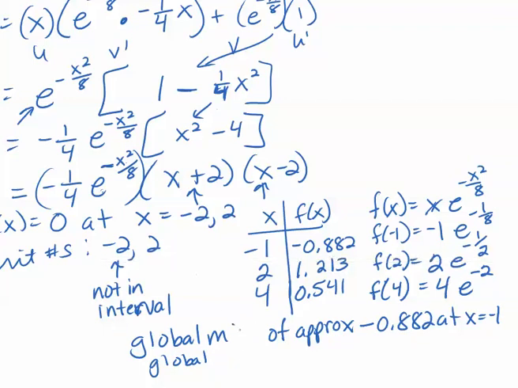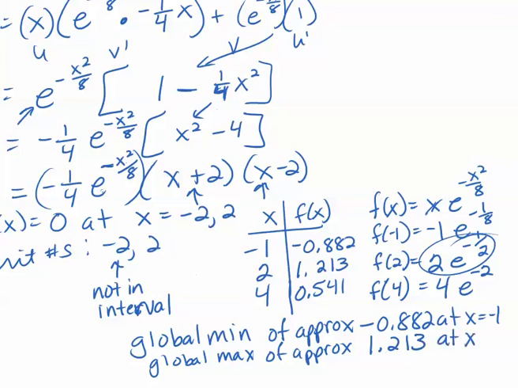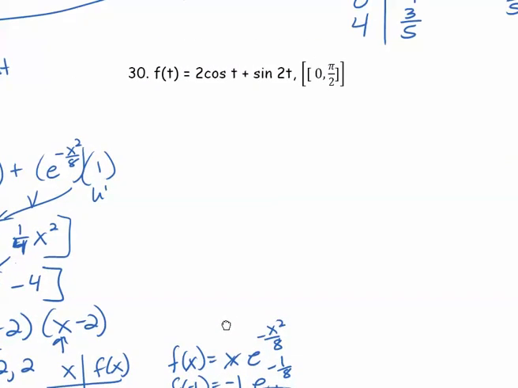Let's just change that. That's our global minimum and global max of approximately. And you could use these exact values from this column if you wish. Nothing wrong with the exact values. There's our global maximum at x equals 2. All right, so almost there.